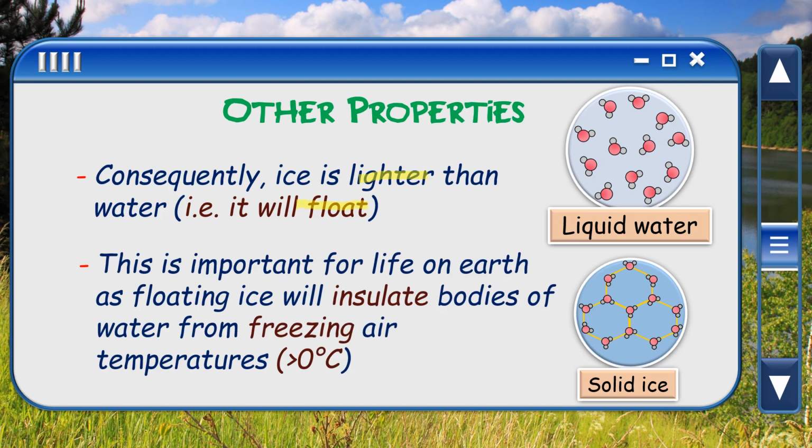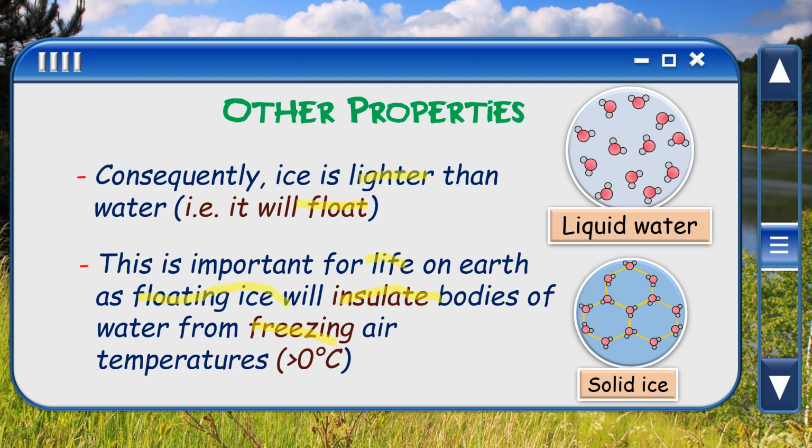And this is important for life on Earth. How? The floating ice will insulate the water bodies from freezing air. During winter, water starts cooling, and as it cools, it starts freezing and changes into ice.